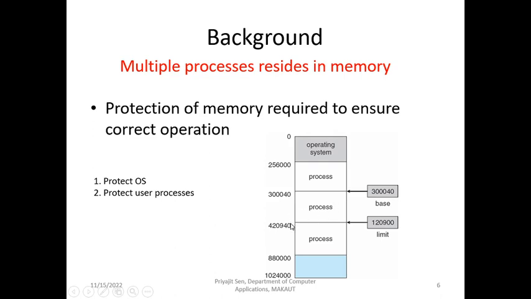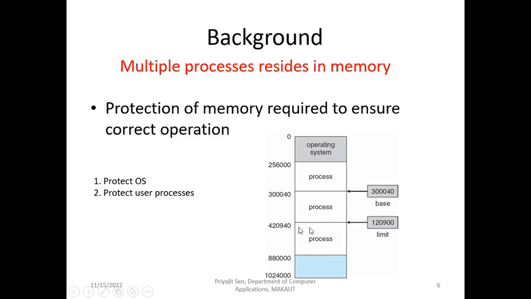Limit means up to how much space you want to take for the process 2, that is suppose 1,20,900. So if we add these two values, then we can get the maximum value that is required up to the process 2.